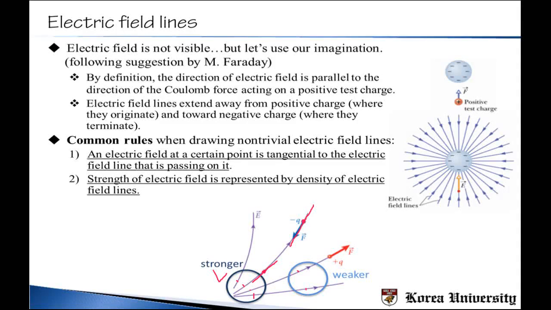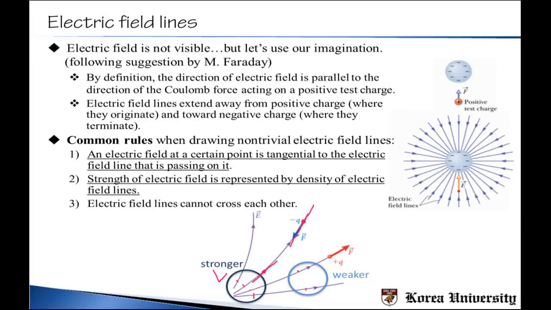So on the left-hand side there are more lines per same area, which means a higher density of electric field lines. In this case, it means the electric field strength will be stronger around the left-hand side compared to the area on the right-hand side.